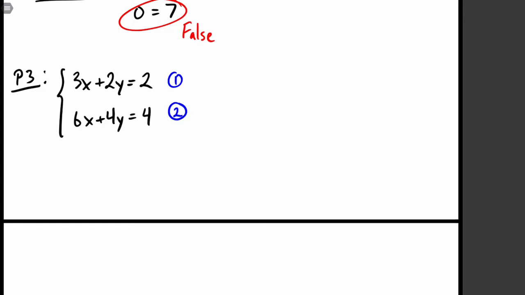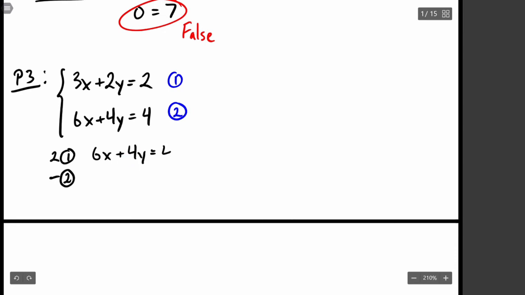So let's do our arithmetic again. If we do 2 times equation 1, these are both going to be 6x. So let me subtract equation 2. 2 times equation 1 is 6x plus 4y equals 4.